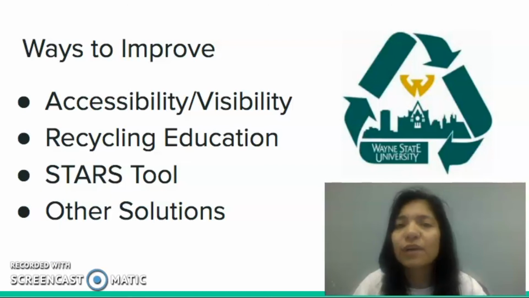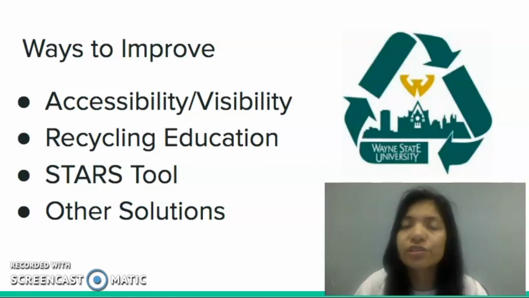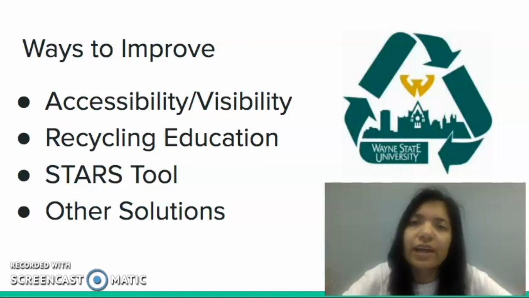Lastly, I want to talk about funding. Now, this is a challenge for all universities across the United States and all kinds of companies and industries because it all comes down to money. And so Wayne State currently doesn't have a lot of money coming through for these kinds of sustainability programs.